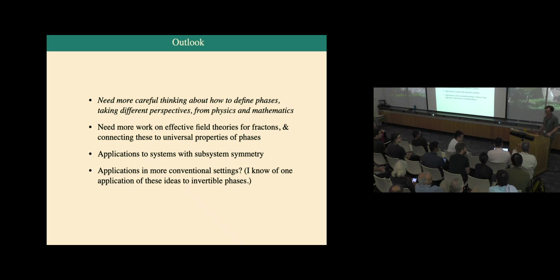Although a stack of toric codes is not trivial, if you tensor a fracton X-cube model with a stack of toric codes, it's the same as the X-cube model. Right. It's related to the question Ruben asked. So this is some property of the set of phases. It's definitely not a group, but it's some multiplicative property.